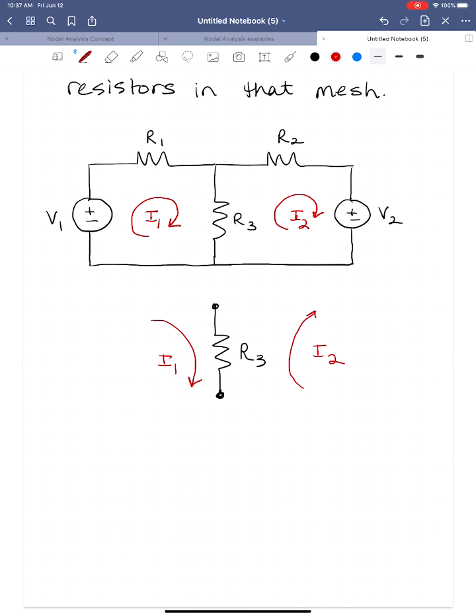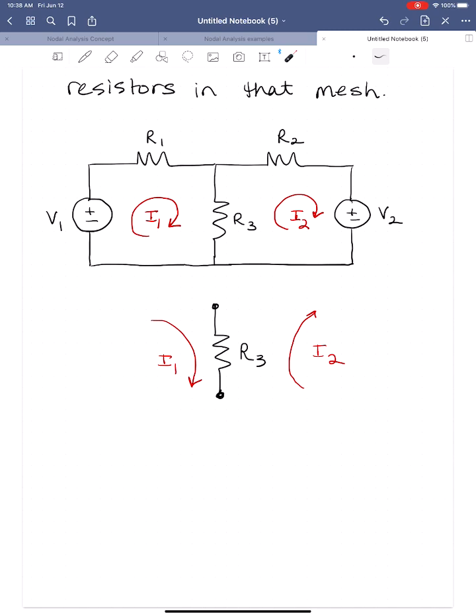The current through R3 is either I1 minus I2 or I2 minus I1, depending on what direction we label the current. If we label it in this direction, that's I1 minus I2. If we label it in the other direction, that's I2 minus I1.